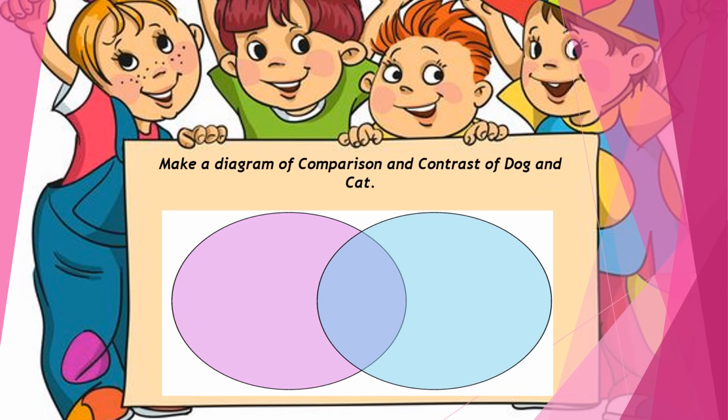Now, make a diagram of comparison and contrast of dogs and cats. You write the difference here for the dog, and the difference here for the cat, and of course, their similarities at the center.